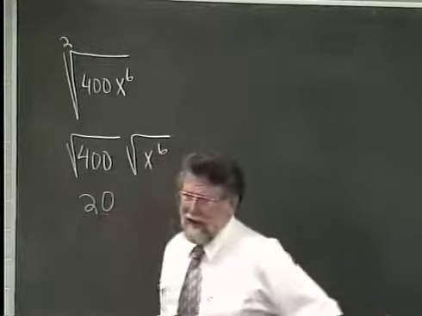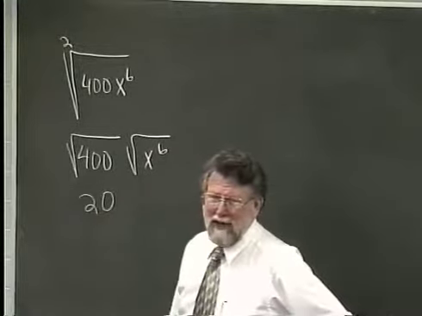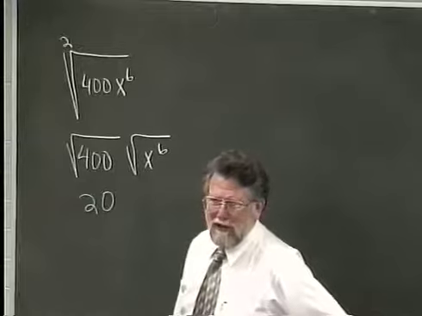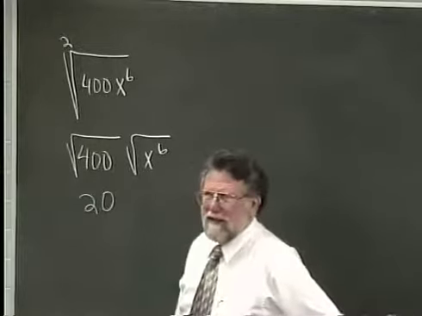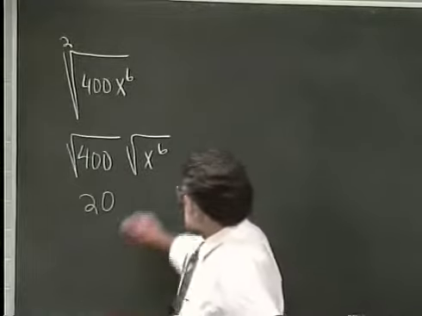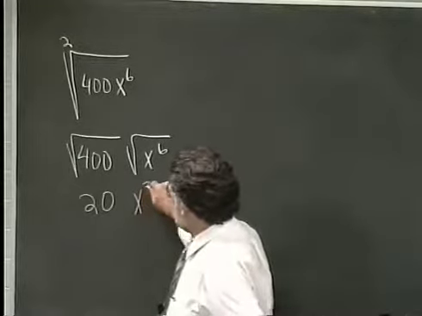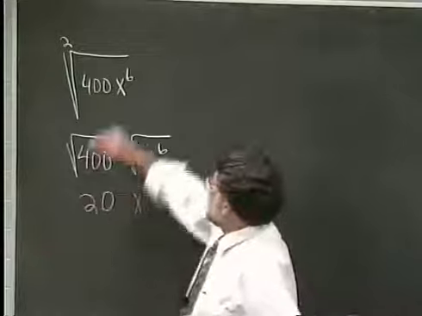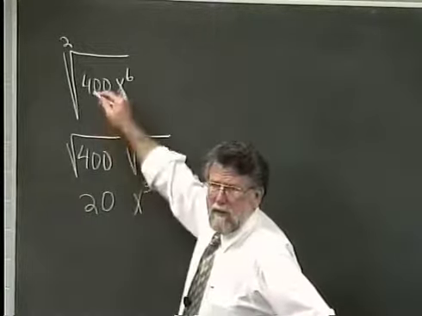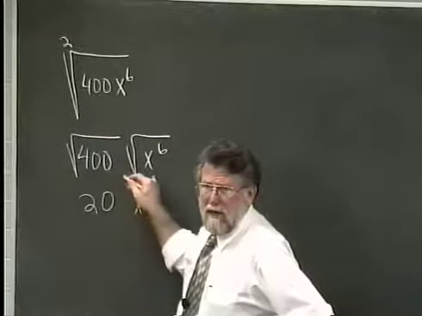And now we're back to that problem yesterday a little bit where I had the cube root of z to the 9th, which was z to the 3rd. Well, the square root of x to the 6th is x to the 3rd. Now, if you can see that immediately, you're there. You could have seen it right out of here, going from here to here possibly. But if not, maybe here.